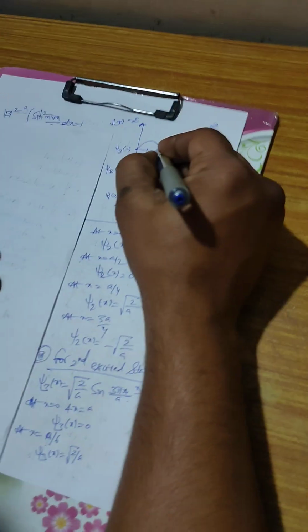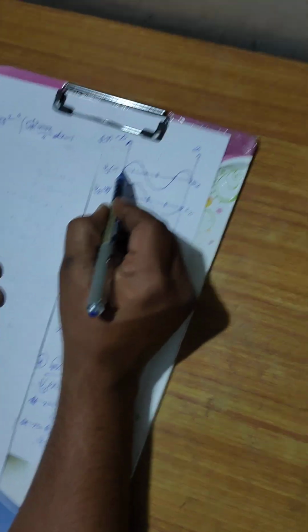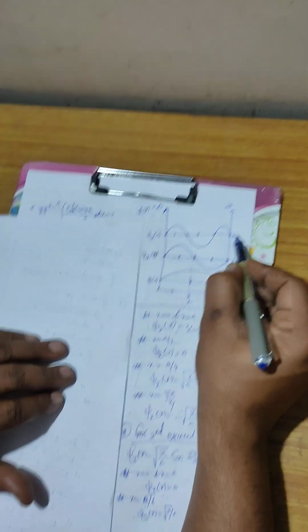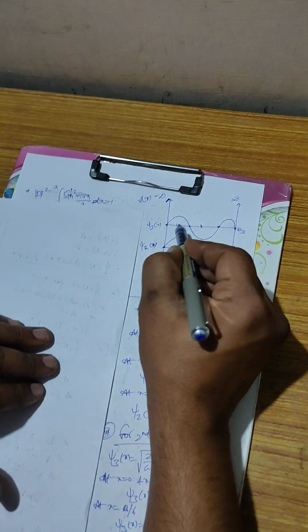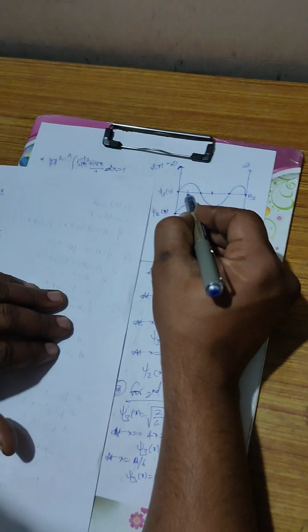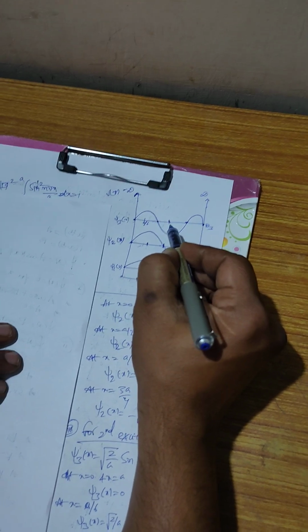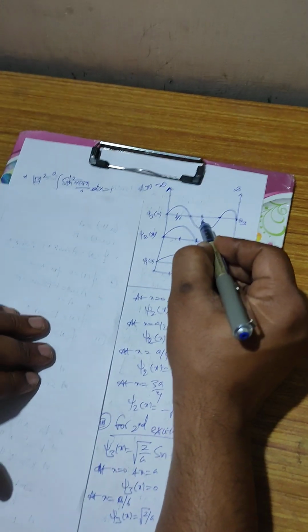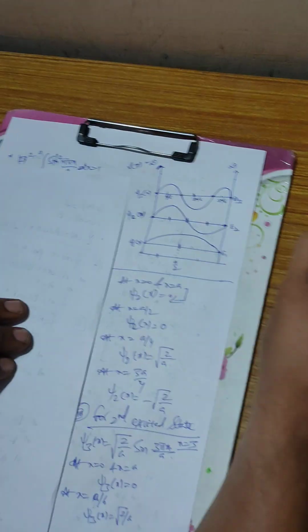This is another probability distribution curve where psi vanishes at the boundaries, that is at x equal to 0 and x equal to a, where the electron is in the second excited state, and psi is maximum at x equal to a by 6, x equal to 3a by 6 and also x equal to 5a by 6.